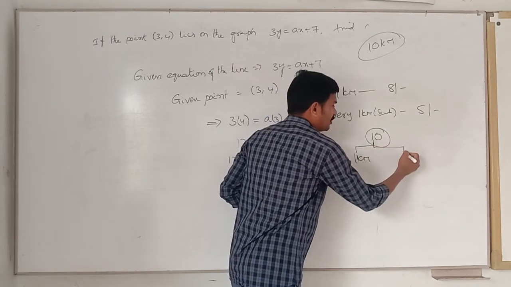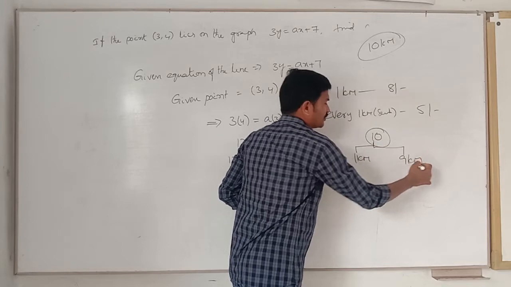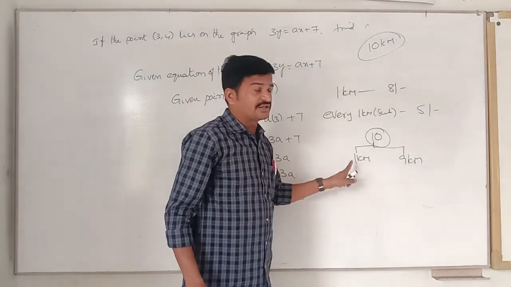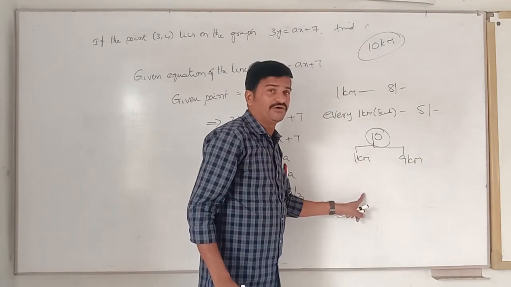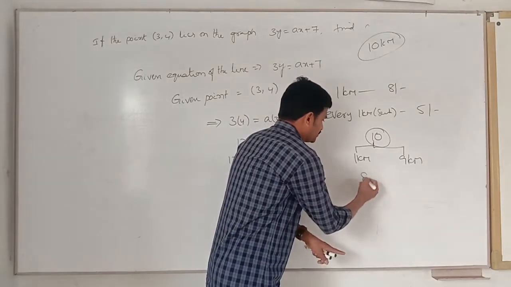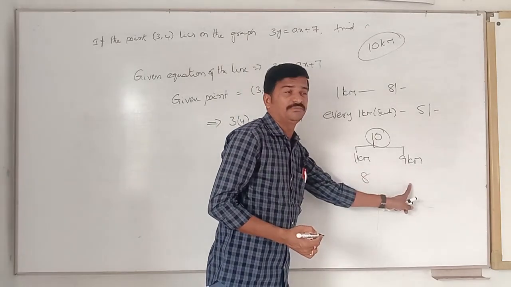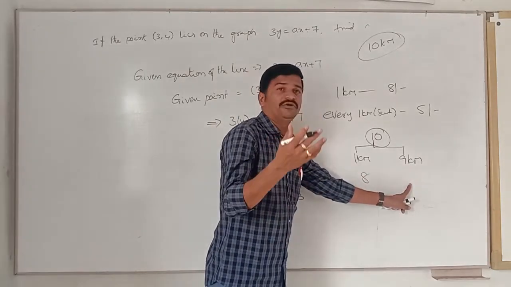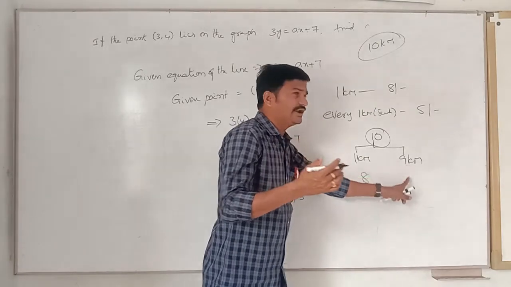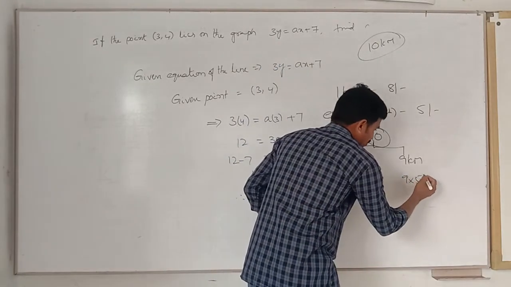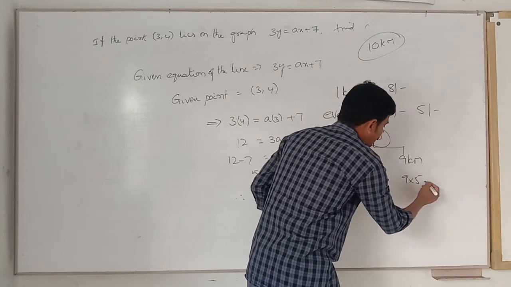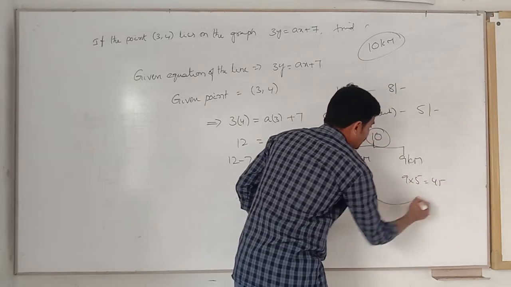And the remaining kilometers? 9 kilometers. For the first 1 kilometer, I have to pay 8 rupees. For these 9 kilometers, 9 into 5, that equals 45. So 8 plus 45, how much?